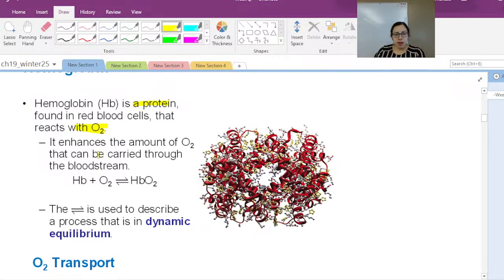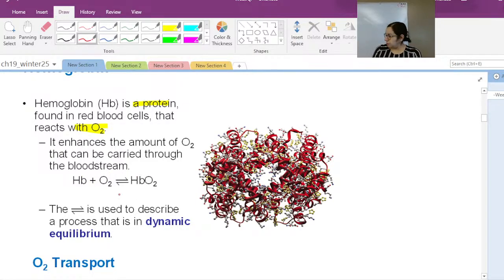Let's just say this is in your lungs, and you have a high concentration of oxygen, because you freshly breathed it in, then it's going to bind, and this is your new product. Then your hemoglobin-bound oxygen travels all throughout your body, maybe to your leg, and your leg is going to have not a lot of oxygen, because it was probably using that oxygen to move.